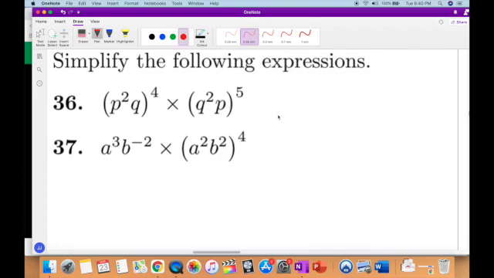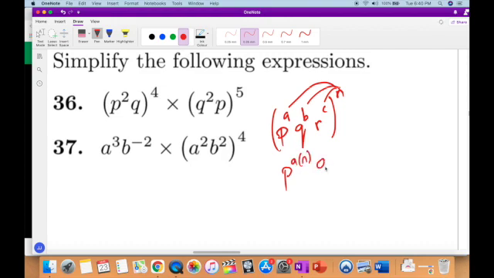So you could have p to the a times q to the b times r to the c, all to the n. And of course, you have to multiply all of them. So it would be p to the a times n, times q to the b times n, times r to the c times n. Yes?